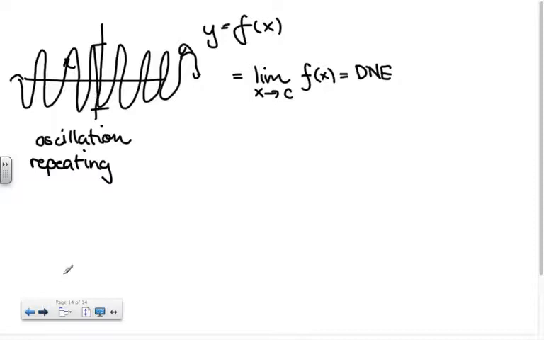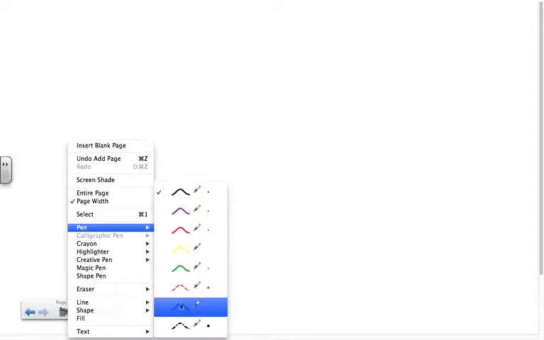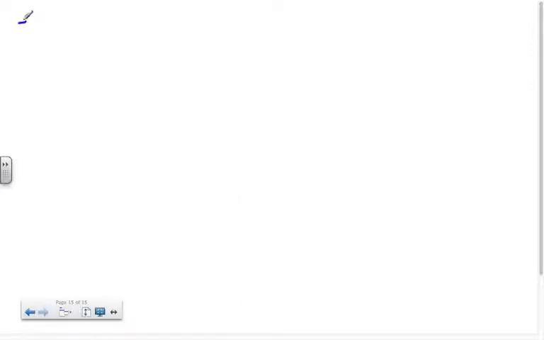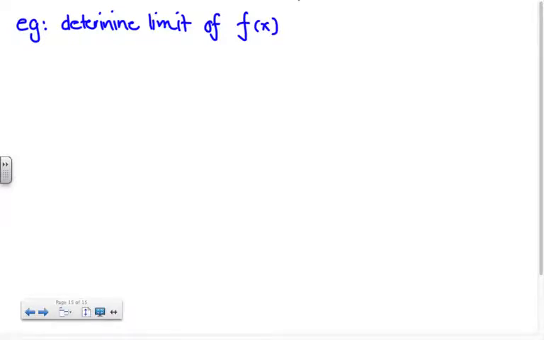So our example here: determine the limit of f of x at the following.